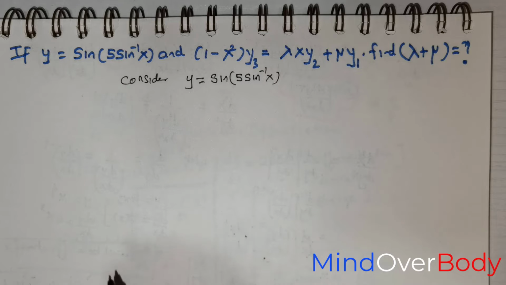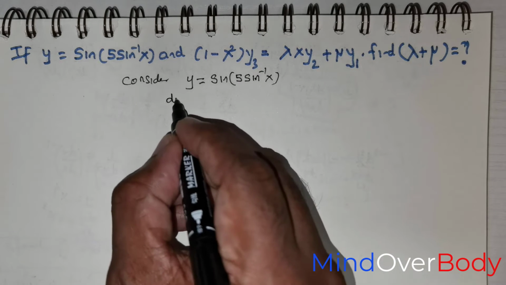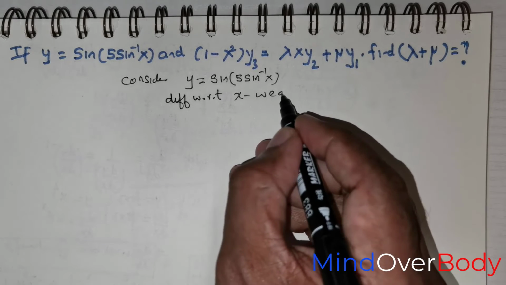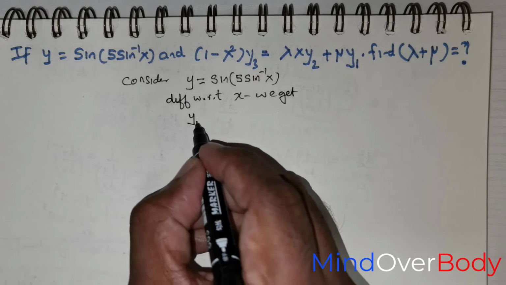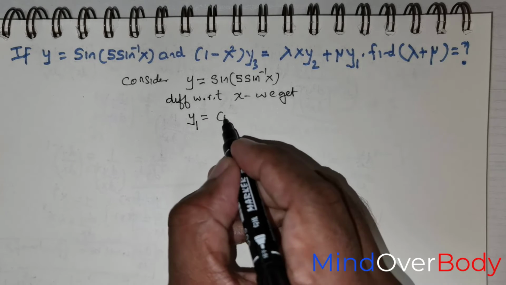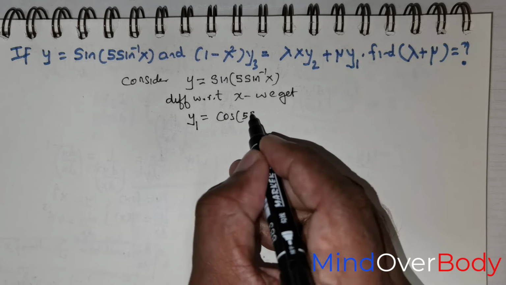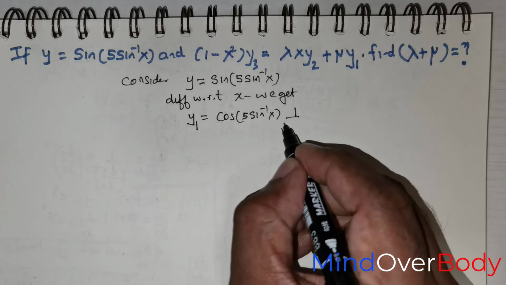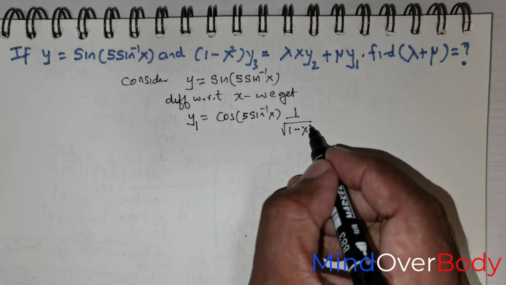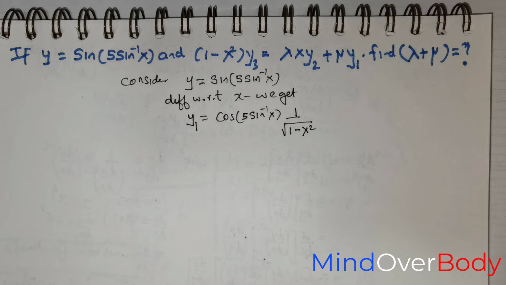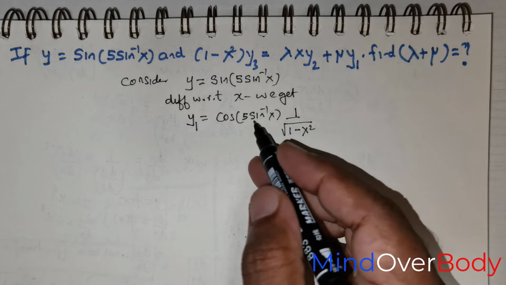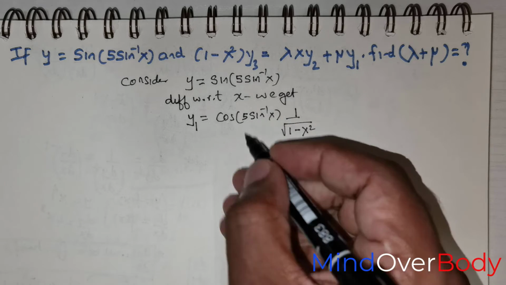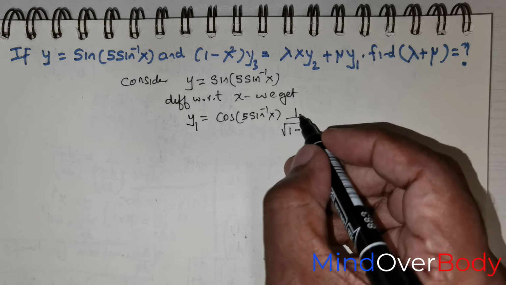So for that, foremost, let me just state here, differentiating with respect to x, we get, so this is going to be y1 is equal to, differential of sine would give us cos of 5 times sine inverse of x. Differentiation of sine inverse of x is going to be 1 over root of 1 negative x squared. So this is fair enough. Now with our quantity sine inverse of x, we also have a constant 5, so we will have to place that constant 5.